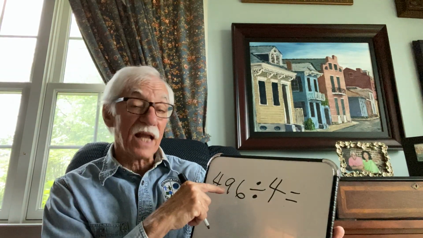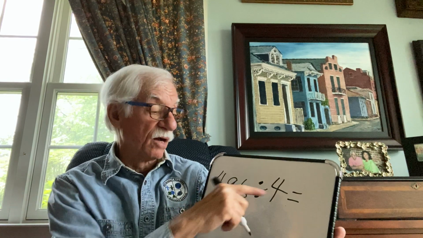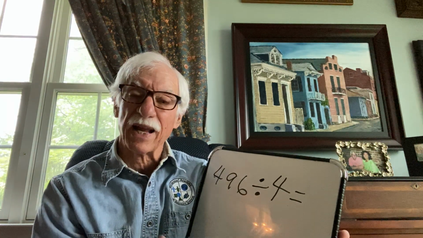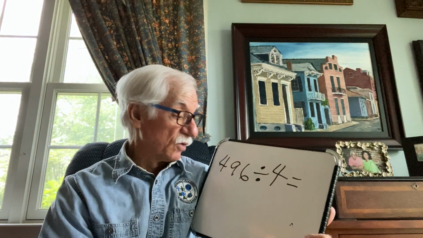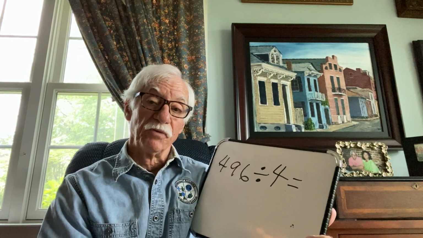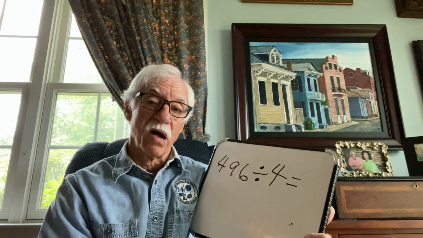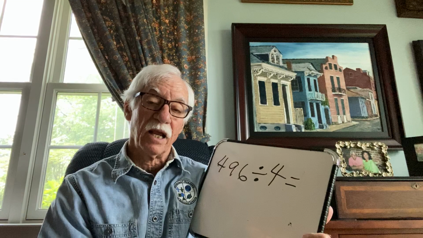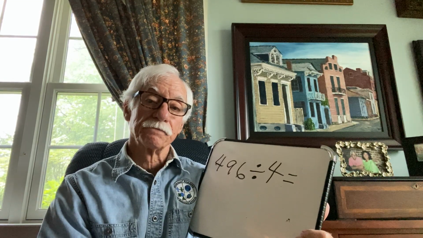Or we're going to divide the 496 miles by 4 hours to find out how far he flew in 1 hour. That's what division can do for you. So you want to go ahead and freeze your video there and see if you can work it out, and then come back to Mr. T and I will solve it for you.